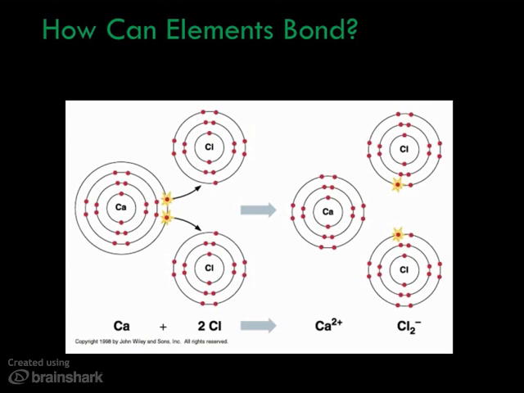Chlorine nearby has 7 electrons in its outermost shell. So 2 chlorines each pick up an electron. They now have a 1- charge, because they each picked up an electron. And they're attracted to this positively charged calcium, like a little magnet. So covalent shares, ionic transfers.